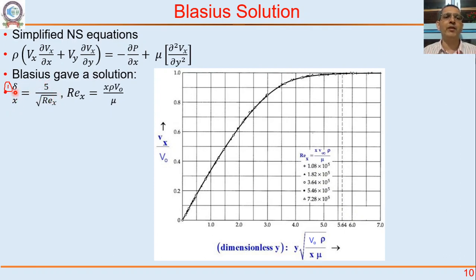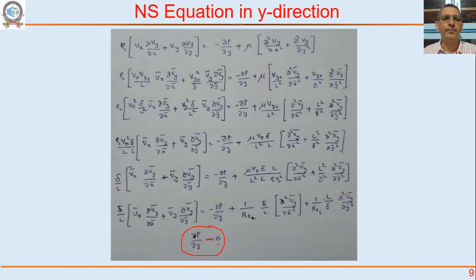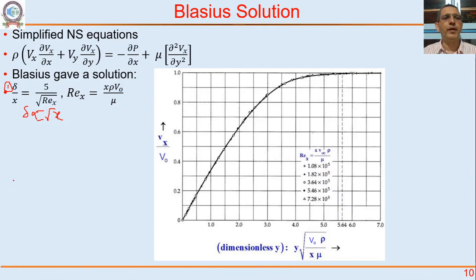And from there I can calculate the thickness of the boundary layer, and you will see that delta is proportional to square root x. We had got that result here, delta proportional to square root L, right? Okay.